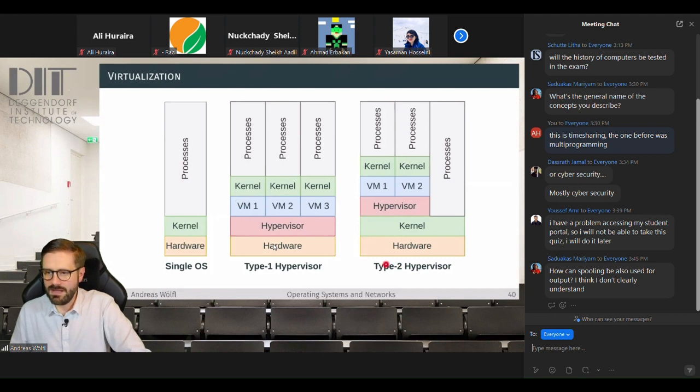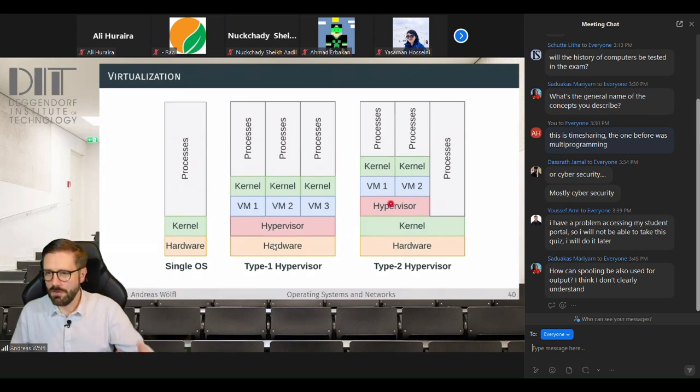But there is a type 2 hypervisor as well, and this is how most virtual machines are built. The difference is, as you see in the diagram, the hypervisor is not sitting directly on the hardware. The hypervisor is also a program that runs on the operating system of the host. So we have hardware, and then an operating system sitting on top of the hardware.